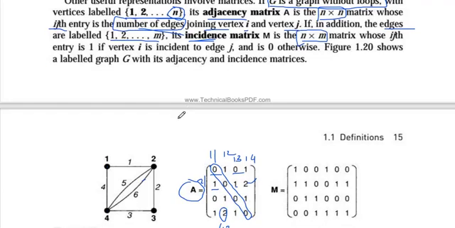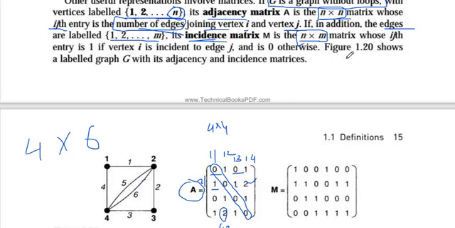So the incidence matrix will be n by m. Here we have 4 vertices. How many edges are there? 6. So a 4 by 6 matrix is generated for the incidence matrix. In the adjacency matrix we only calculate the vertices, so our matrix will be 4 by 4, only n by n, but the incidence matrix is n by m.